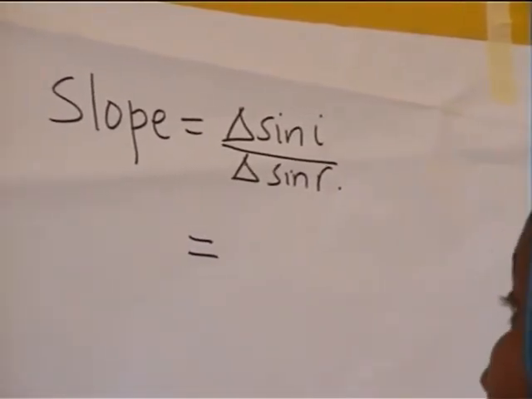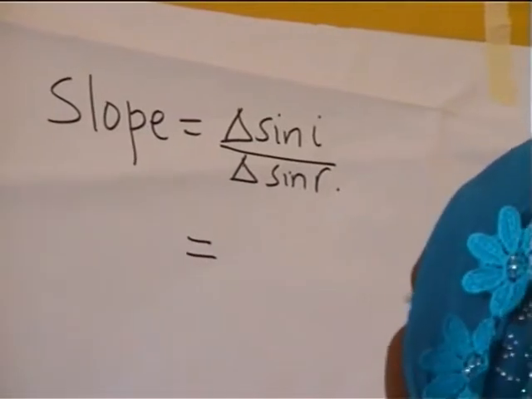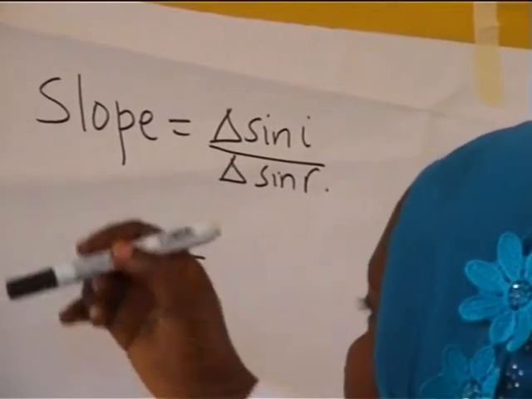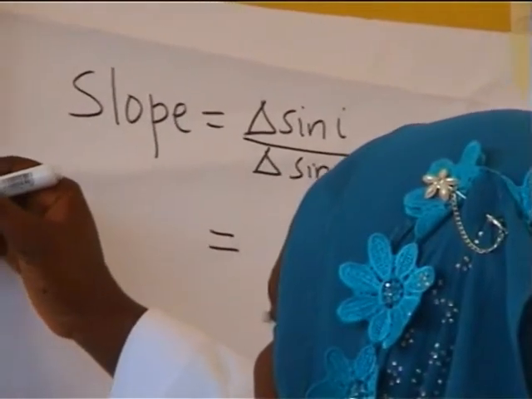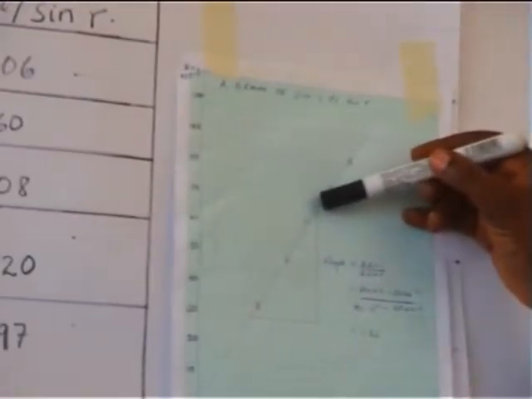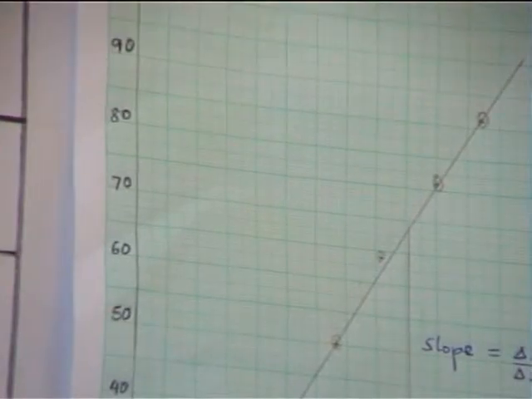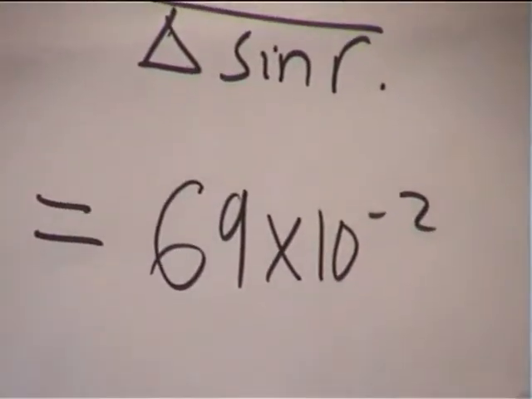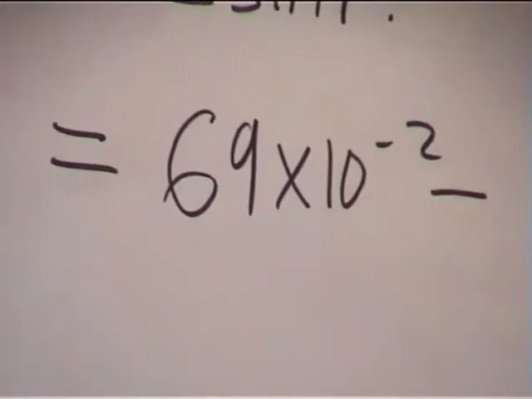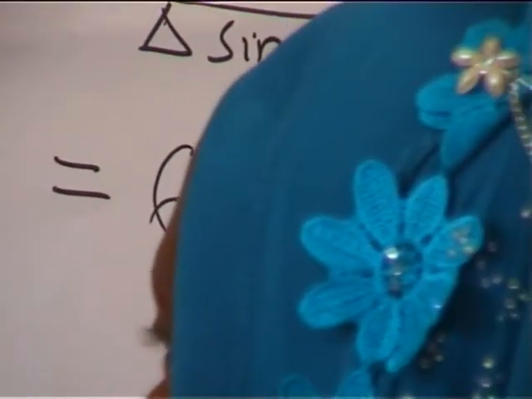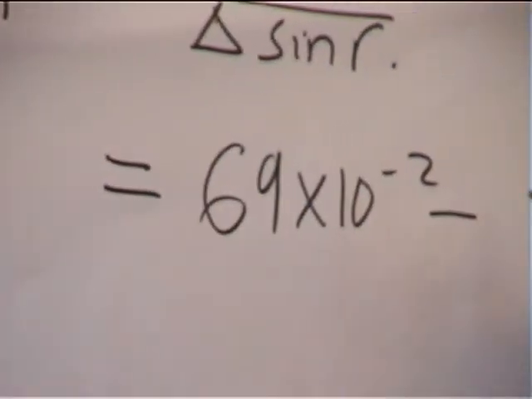From the graph, change of sine i is 69 times 10 power negative 2 minus 30 times 10 power negative 2.